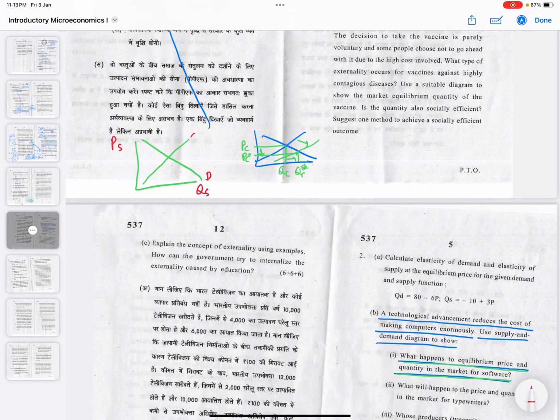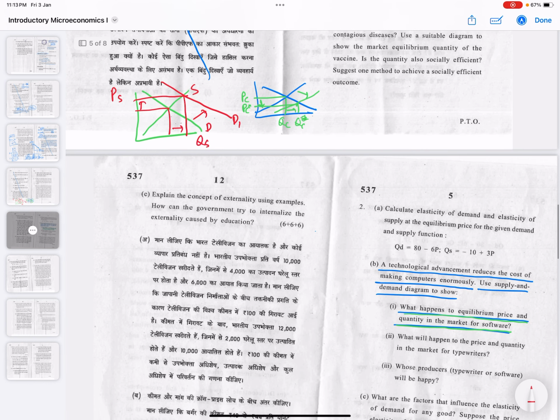Now demand, supply. Now demand would increase because computers are becoming cheaper. So the initial price was this, and price has increased, and the equilibrium quantity has also increased, which would mean quantity demanded and quantity supplied both have increased.